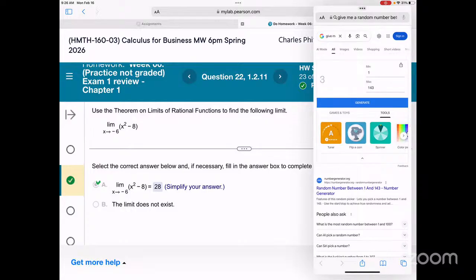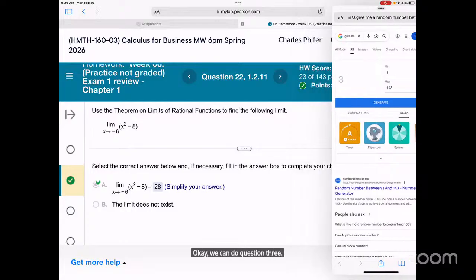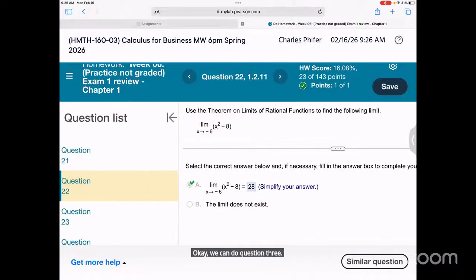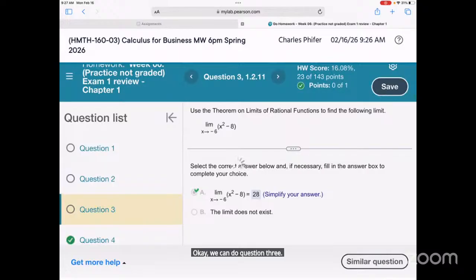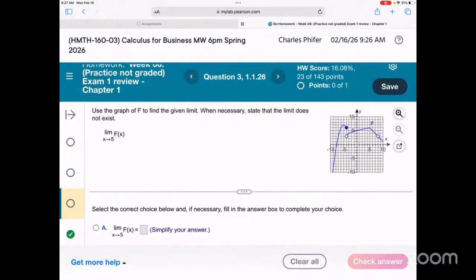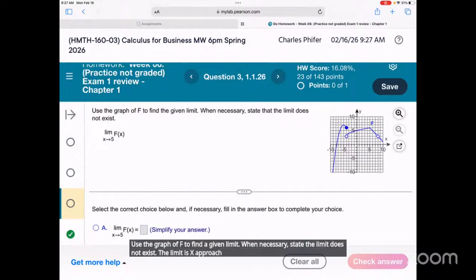Okay, we can do question 3. Use the graph of f to find a given limit. When necessary, state the limit does not exist. The limit as x approaches 5 of this function.